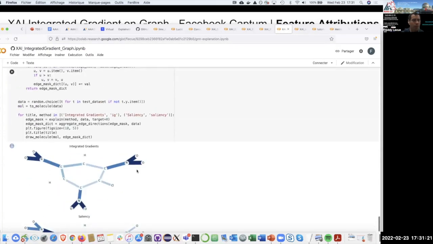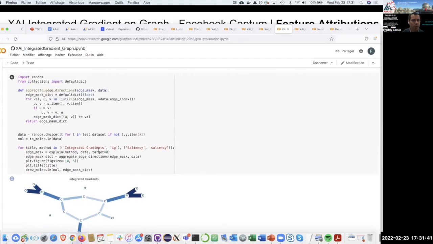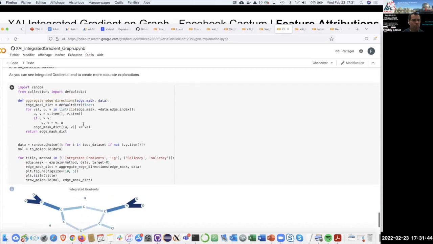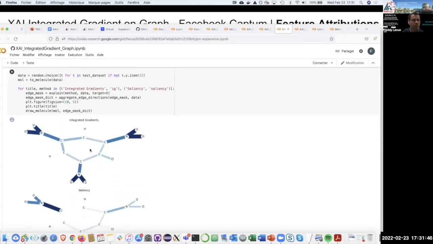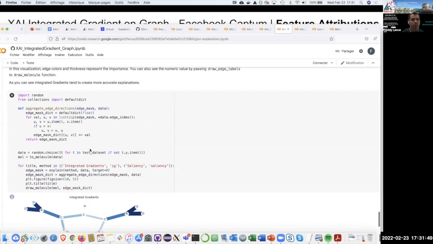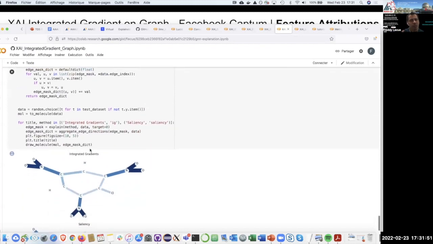Then when you have your graph neural network and do the training, because it's a neural net at the end, you can use any library that can consume that neural network for computing gradient backpropagations and evaluating importance. That's where you can simply use integrated gradients here, which comes from Captum, but you can also use saliency. That's very convenient. The most complex part is designing it as a graph and getting the right architecture to get good results.